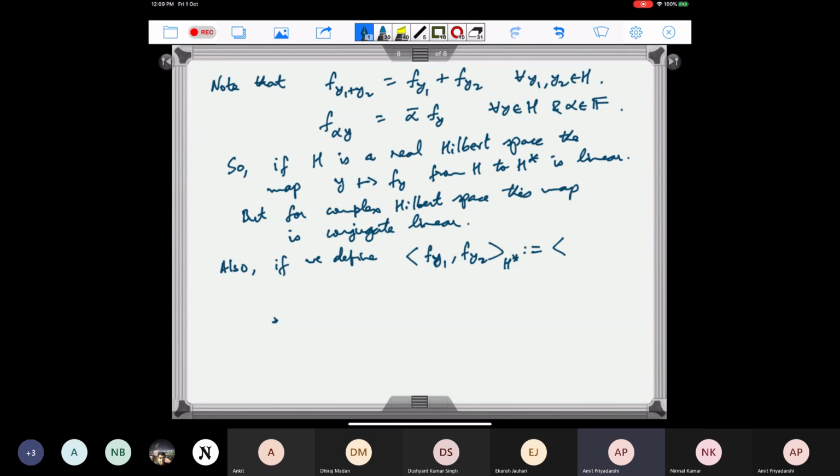Should we take y1, y2 or y2, y1? So this is the inner product on H. If I define the inner product on the dual space like this, we need to see whether this defines an inner product or not.